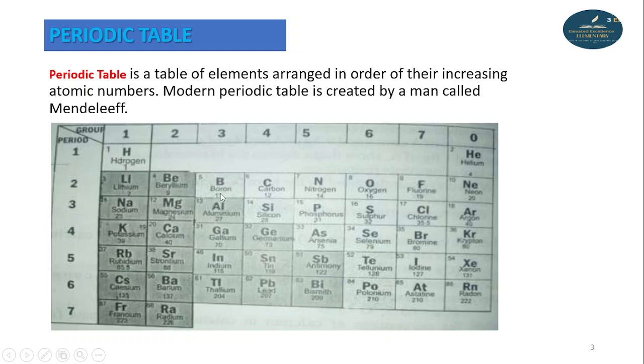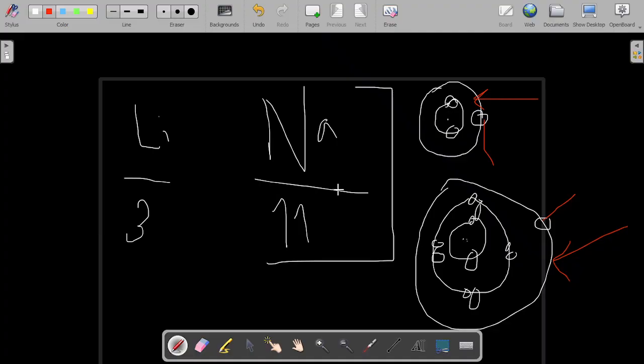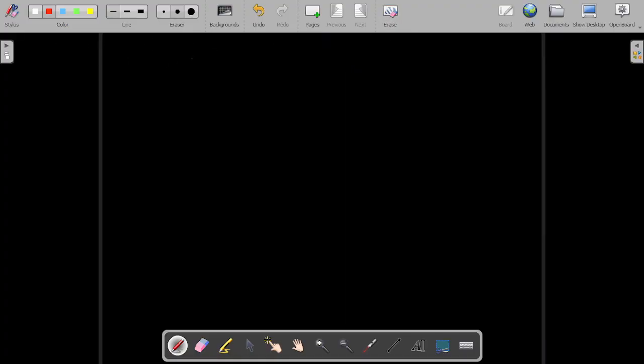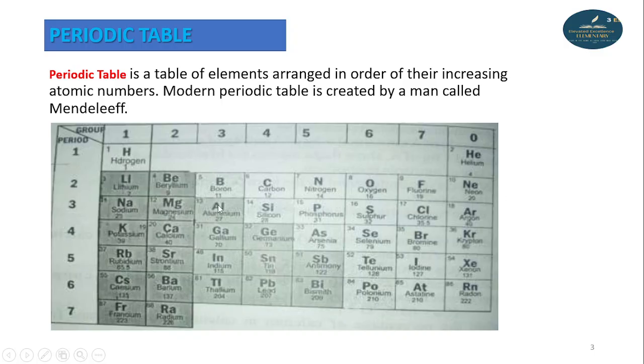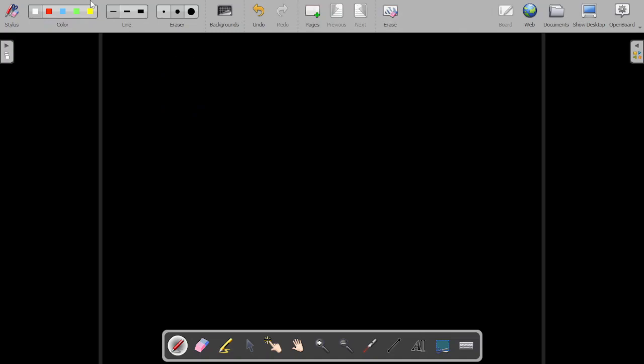So now let's demonstrate that. For example, let's take carbon as an example. So let's erase this. You have the carbon. Let's determine the atomic number of carbon. So how do we do that? It's 1, 2, 3, 4, 5, 6, and it's written here already, which is 6, right? Let's erase this and use the white pen. 6. So let's arrange the electrons in the main shell.